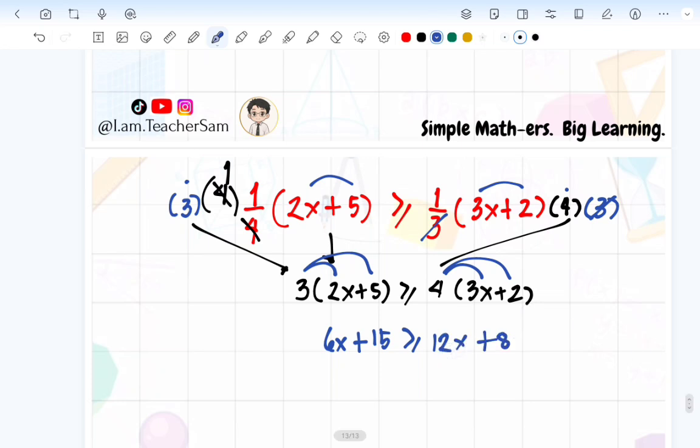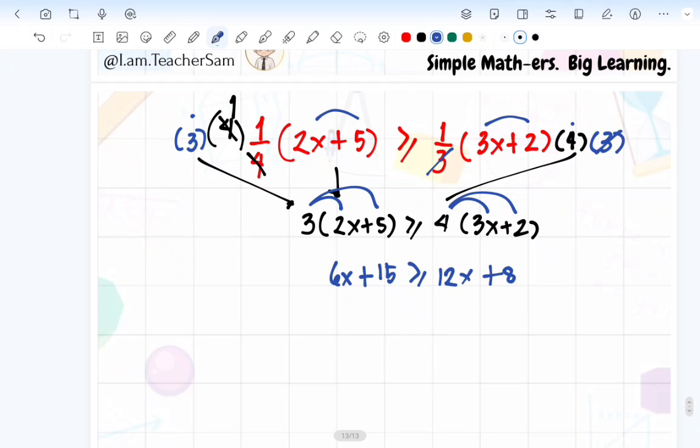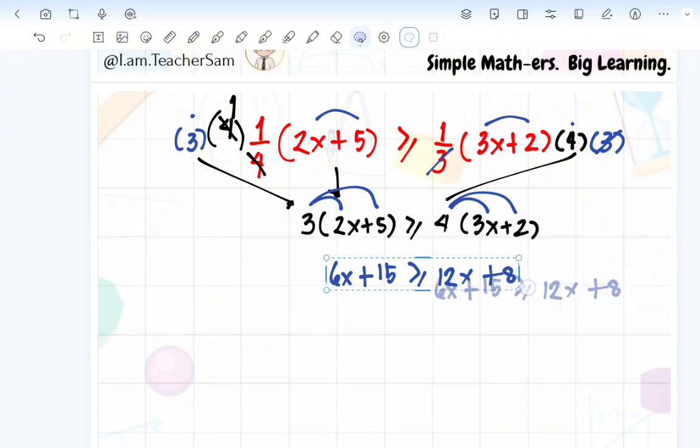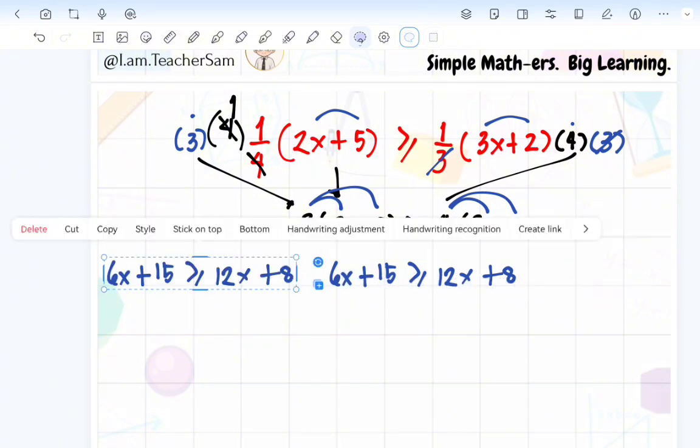Now we have to make our x on the left, or we can also still make it on the right. It is important that our x will be on the left side of the inequality and it is always positive. Now, there can be two methods or two ways to do it. First, we are going to apply the additive property, and when we use the additive property it will become 0.